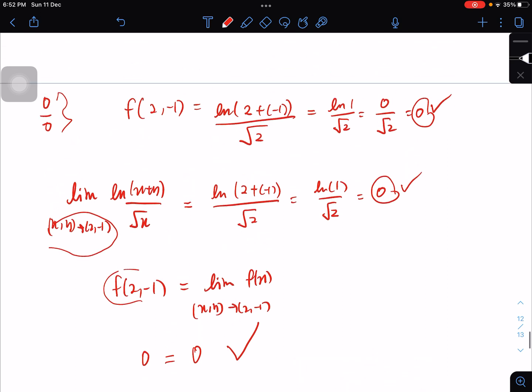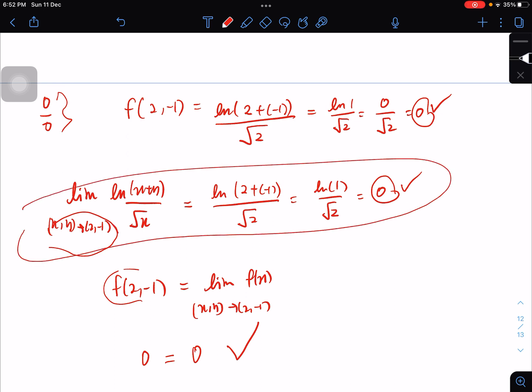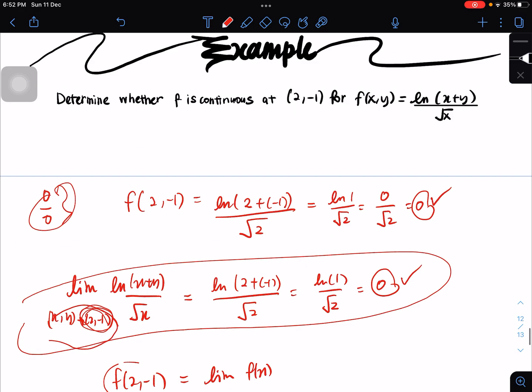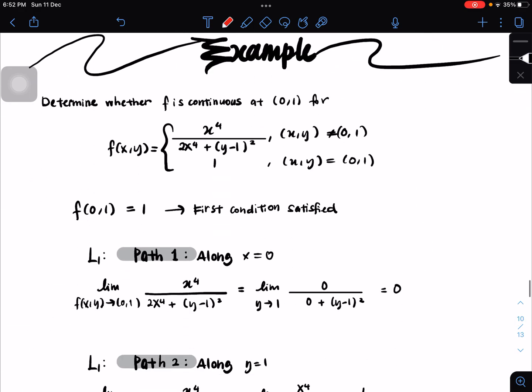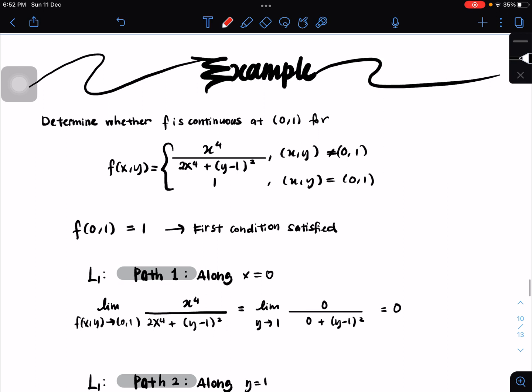Okay, so kenapa dekat sini saya tak perlu cari path? Kerana bila saya substitute value point yang kita nak ni, kita tak dapat this one. Kalau yang tadi, kan, kita nak cari limit this function kan. Contohnya limit, kita nak cari x, y approaching (0, 1). Function dia adalah x kuasa 4 bahagi 2 x kuasa 4 tambah (y tolak 1) kuasa 2.